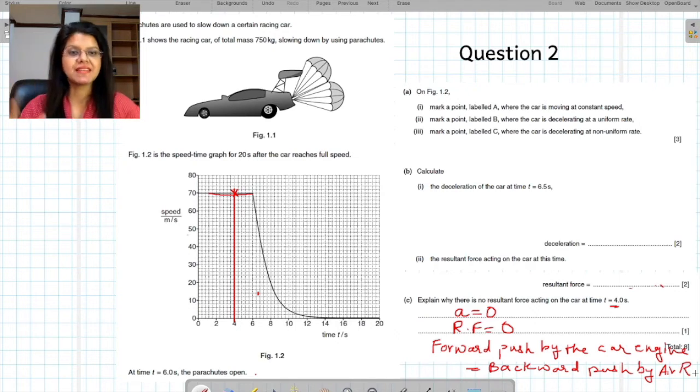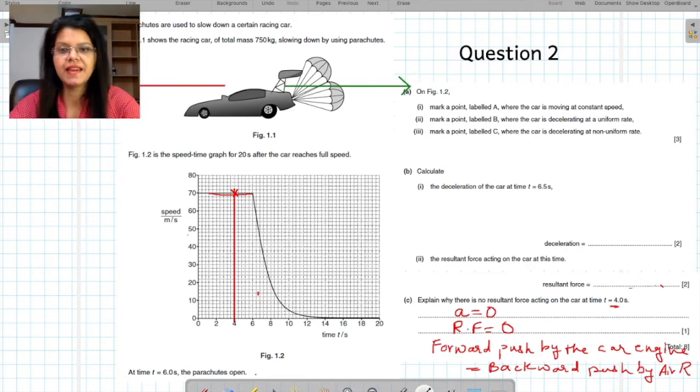They'll both cancel out. The forward push by the engine becomes equal to the backward push by the air resistance.